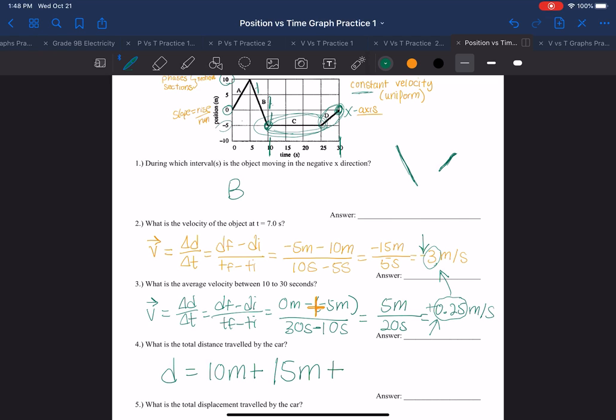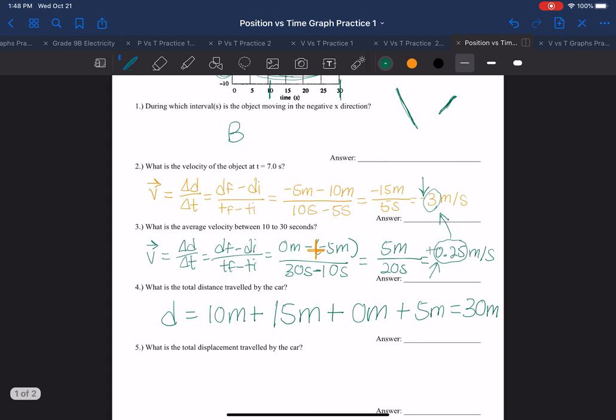We were constantly at negative 5 meters. So that means 0 meters for C, plus, and right here for D, we noticed that we moved up to 0 meters. So that difference there is 5 meters. So we add 5 meters. And now we add up the entire thing, 10 plus 15 plus 0 plus 5, and you get a total distance of 30 meters. Because again, distance is just the entire thing that the object has traveled.